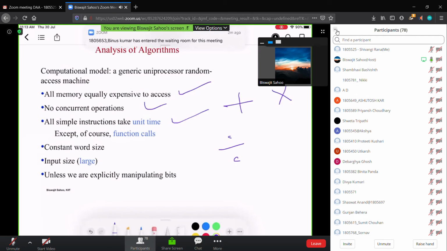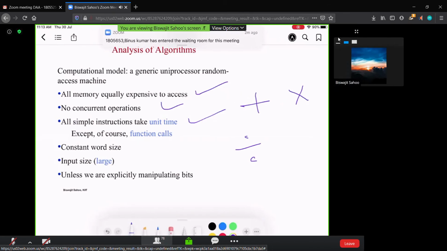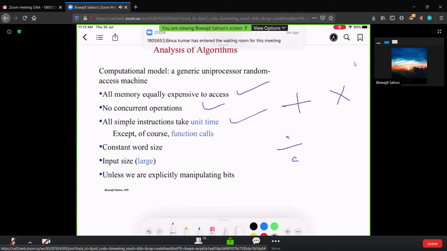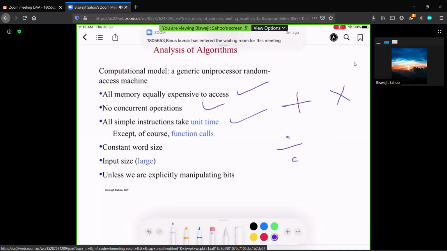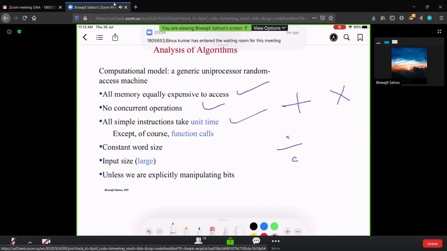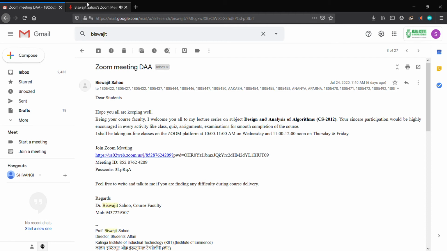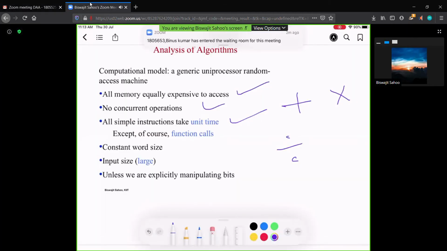Addition takes less time compared to multiplication, and floating point division takes much more time than integer division. Even so, we will consider that each instruction takes unit time. The weightage is 1.